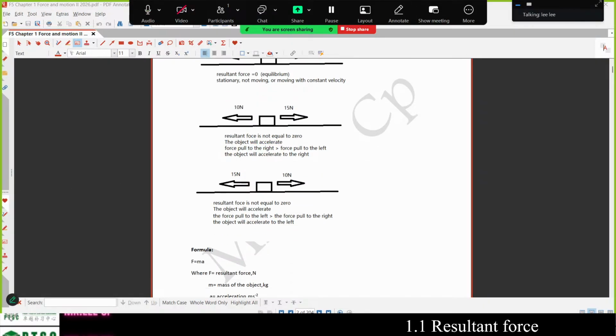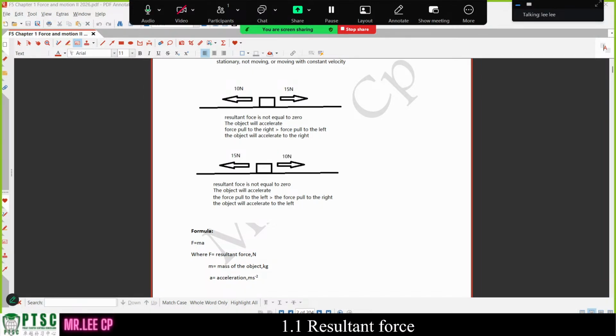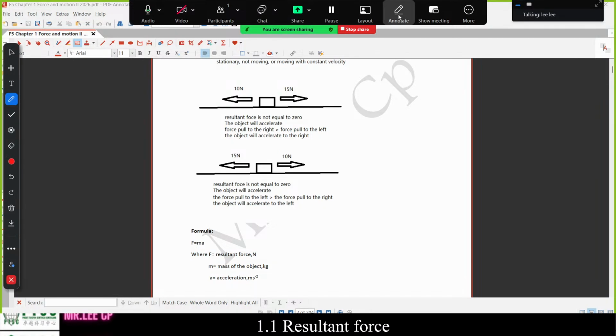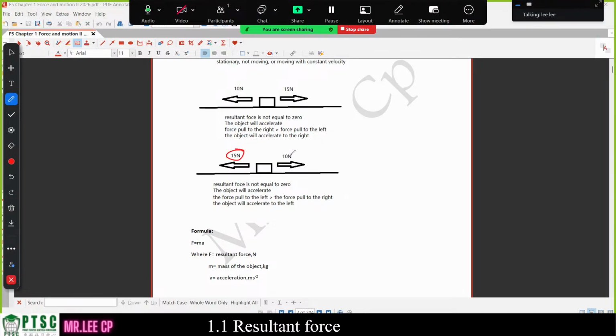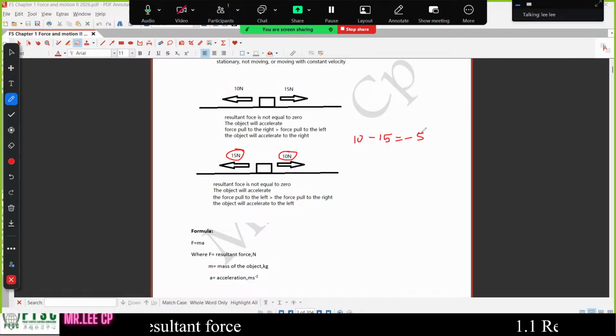So how about this one? Now the 15 is to the left and 10 to the right. This one is not equal to 0, so the object will accelerate. But normally, you take 15 minus 10. Some of you will take 10 minus 15 as the resultant force, negative 5. No, we don't take negative.